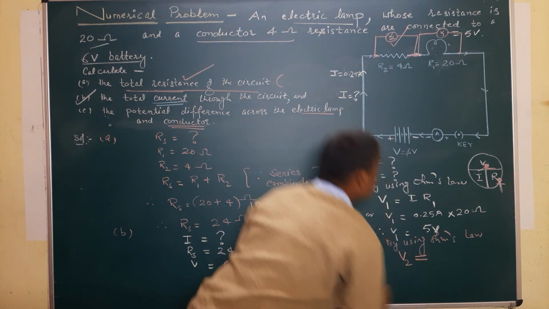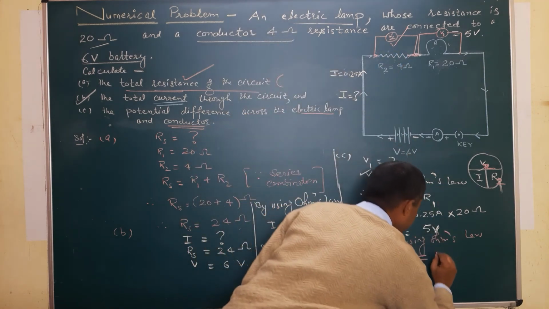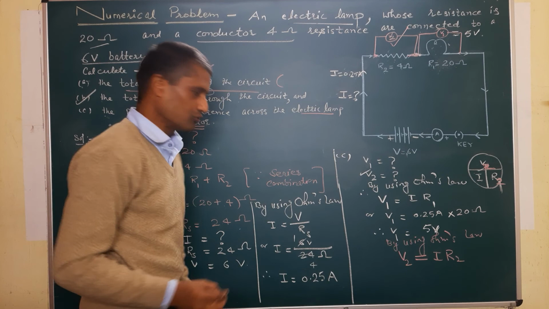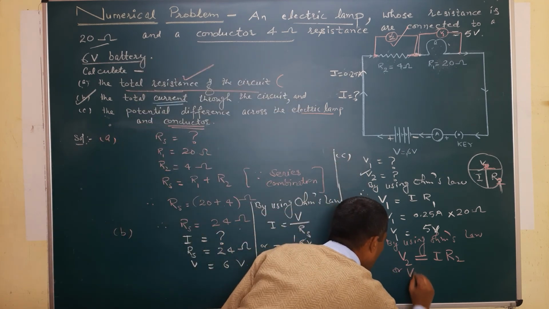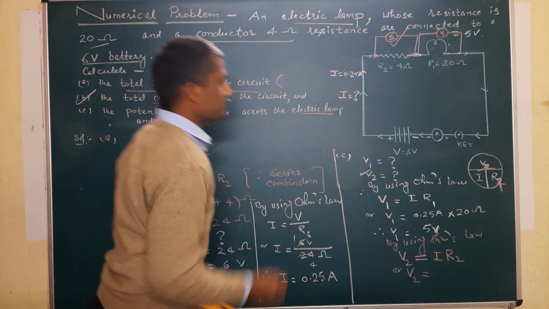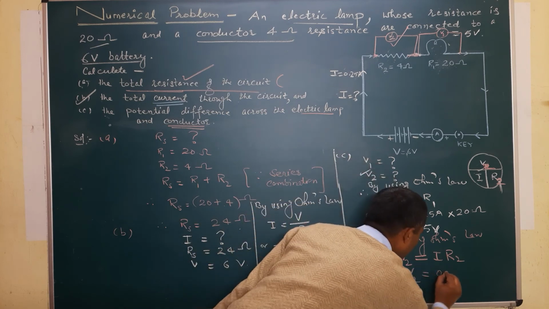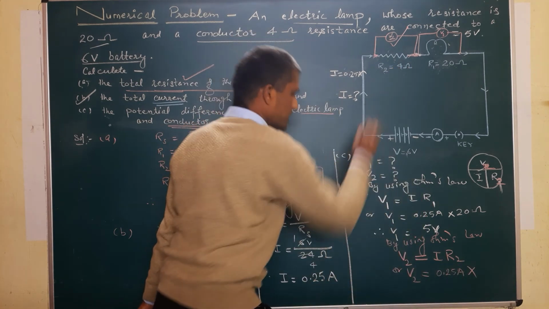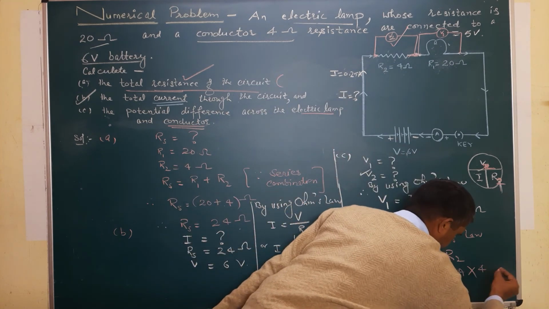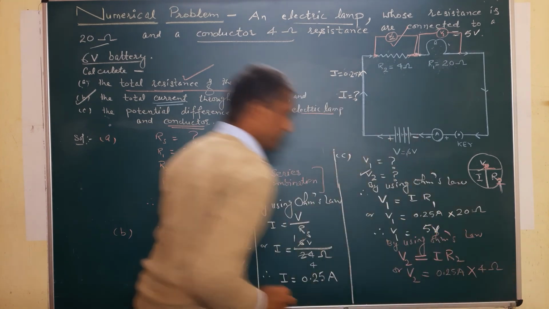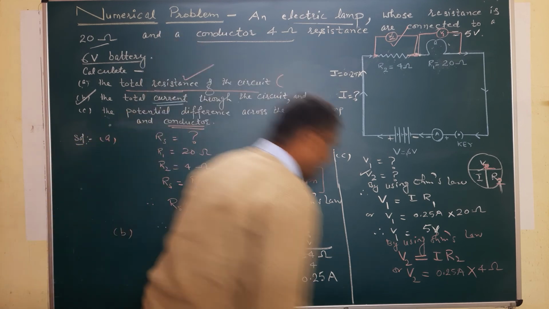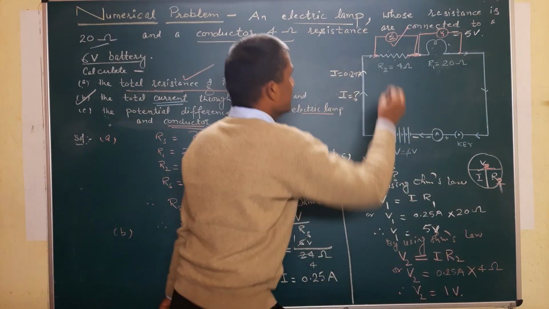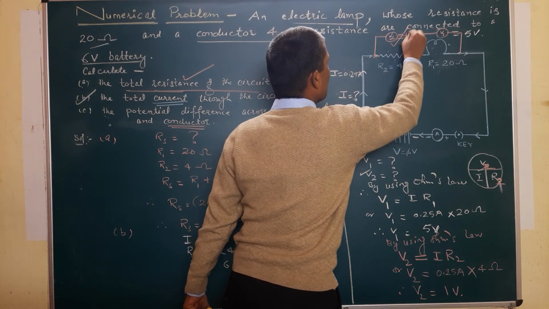V2 is equal to 0.25 ampere multiplied by R2, which is 4 ohm. Multiply these two and you will get V2 is equal to 1 volt.